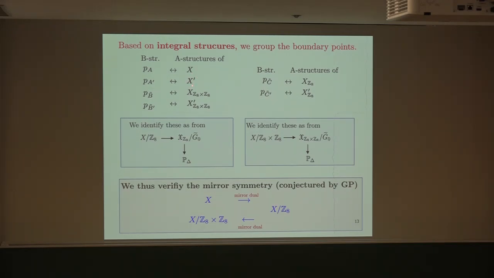X and X prime are related, and B tilde fits to the A structure of this quotient. And B tilde prime fits the birational to this quotient.